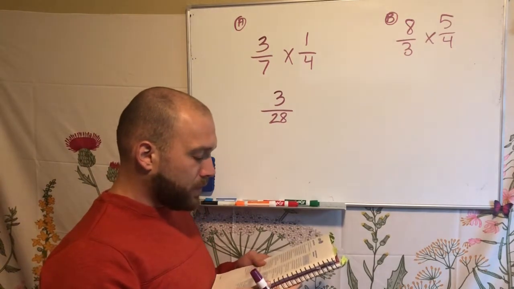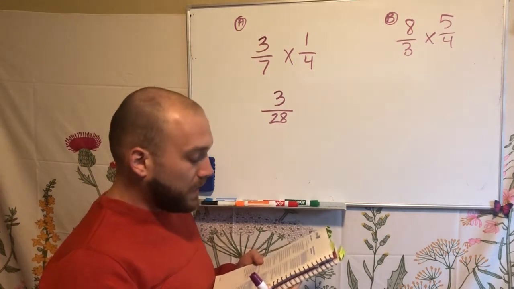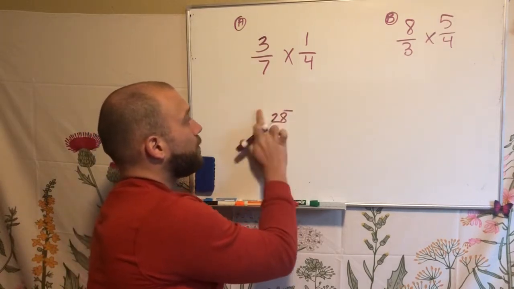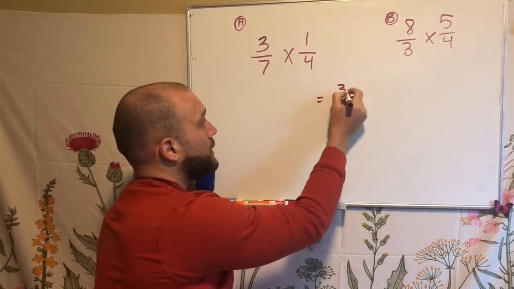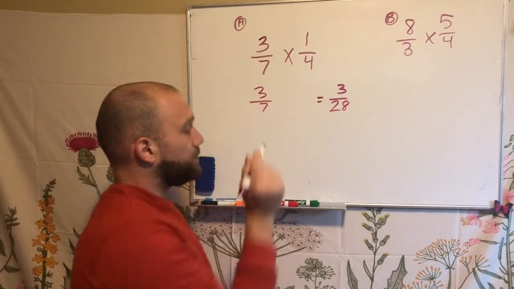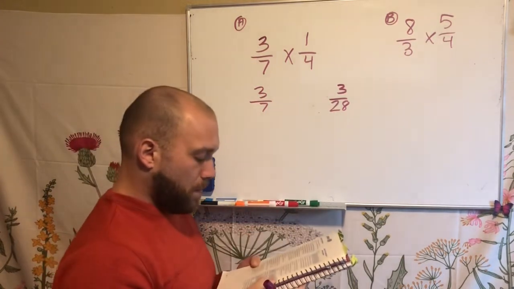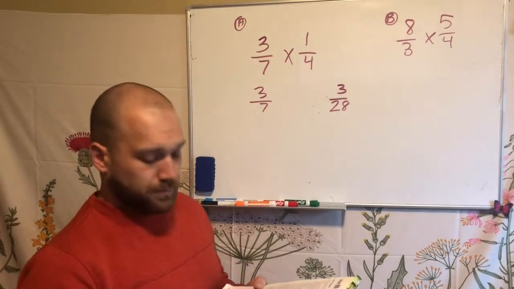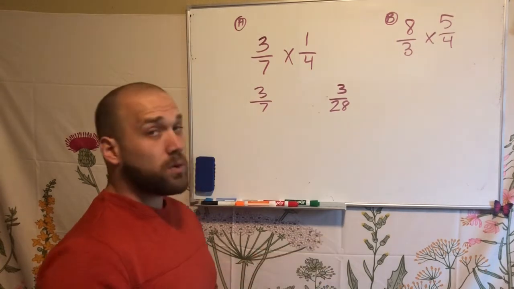All right, I'm going to write the sign to show if we end up with more than or less than what we started with. You get 3/28, so equals 3/28, I'll put it over here. And here's 3/7. So the problem starts with 3/7 and ends with 3/28. Do you multiply 3/7 by a fraction that is more than 1 or less than 1?